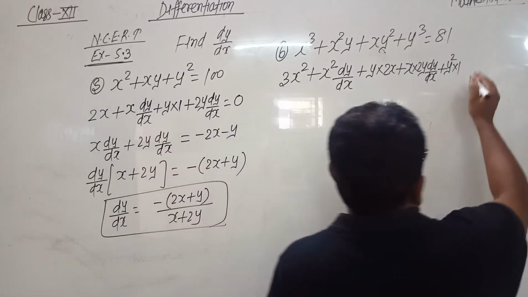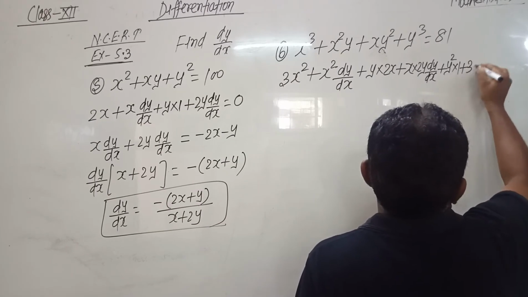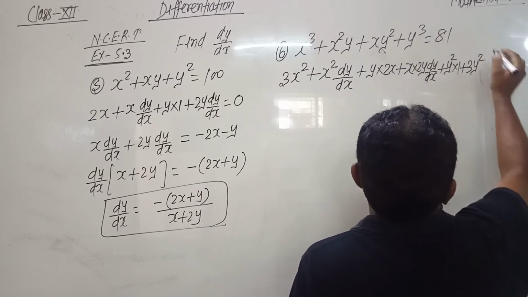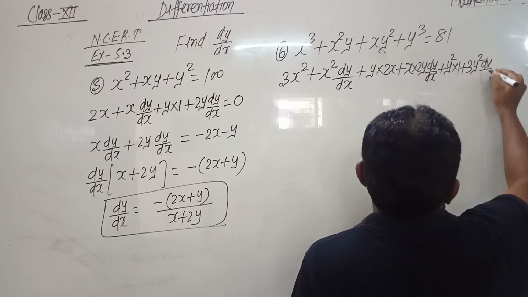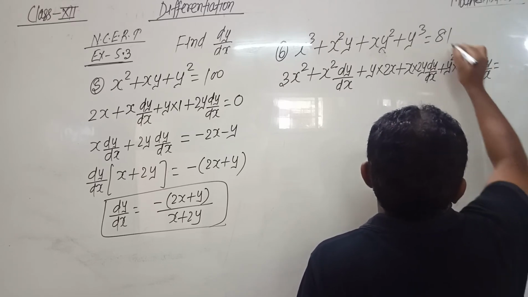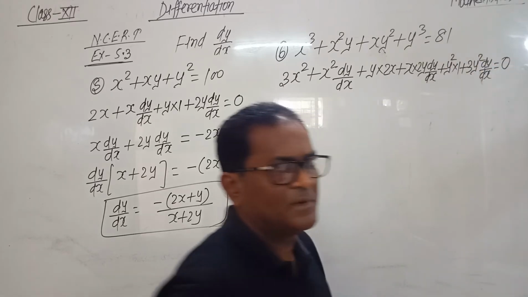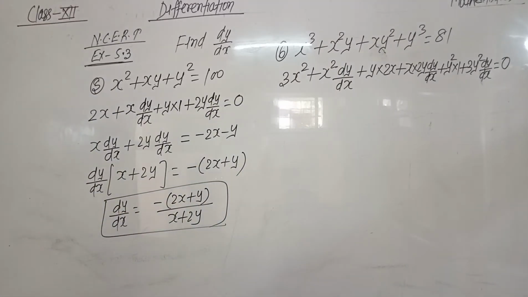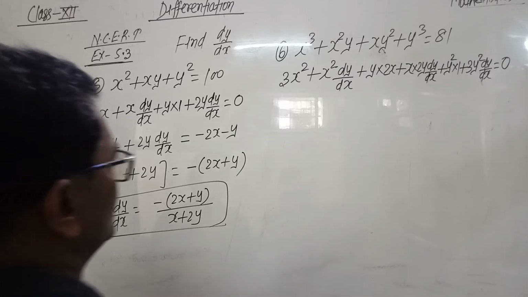Now the differentiation of y cube is 3y square, dropping the cube, and the differentiation of y is dy by dx. And 81 is a constant term, and we know the differentiation of a constant term is 0.